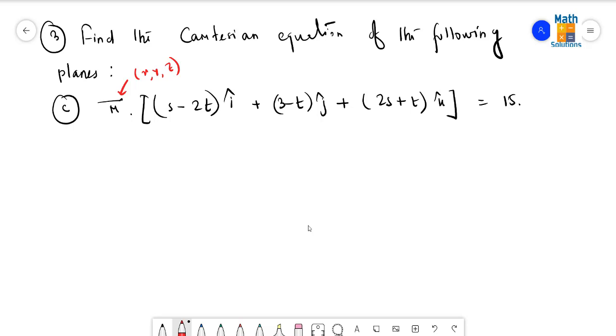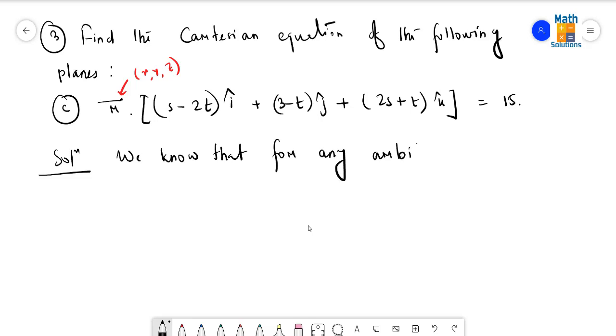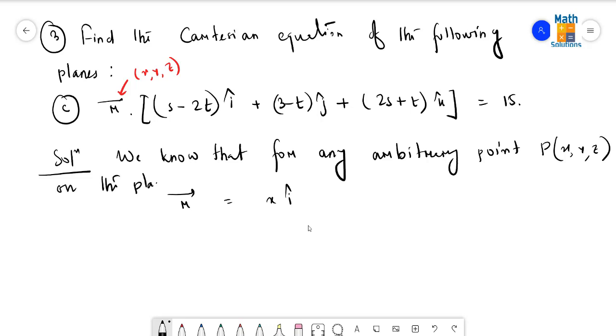Starting with the solution part, we know that for any arbitrary point P (x, y, z) on the plane, vector r will be equal to x i cap plus y j cap plus z k cap.